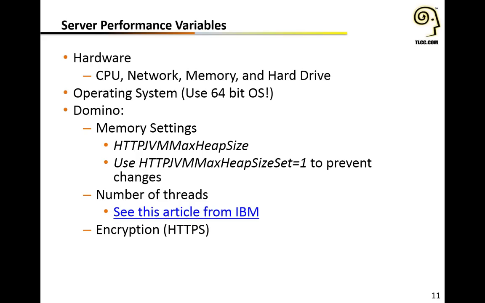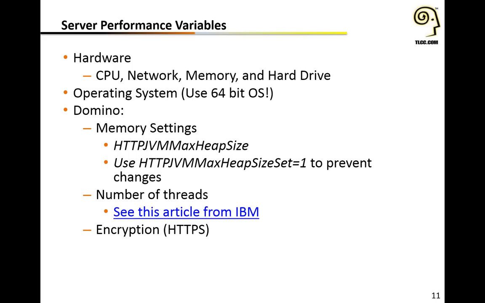A couple things that you want to be aware of for the server performance. Obviously, CPU, a hard drive, and your network speed are important. Memory is very important. XPages are very memory intensive. I have a note under operating system, use a 64-bit operating system. Hopefully none of you are using a 32-bit server operating system for a production server.